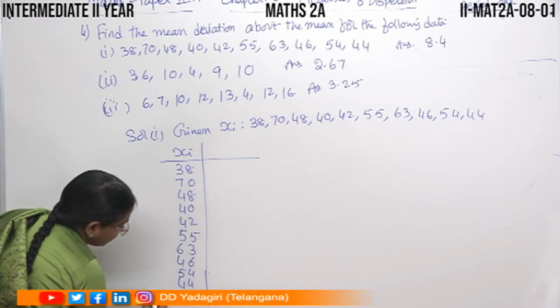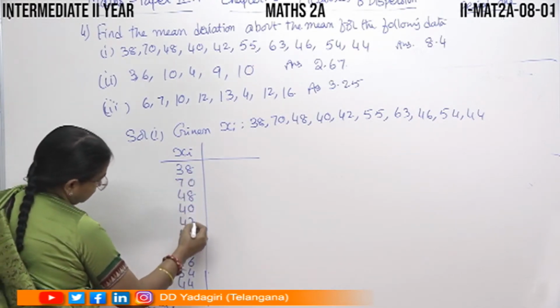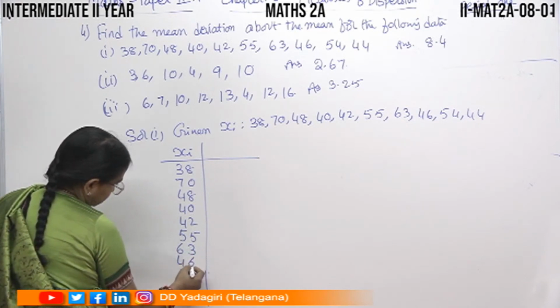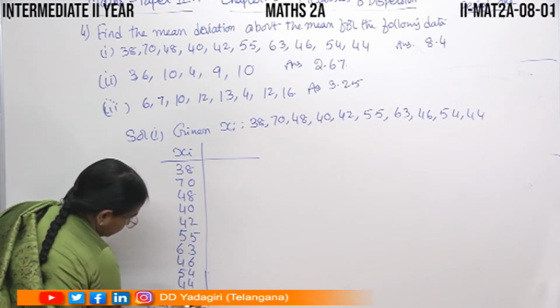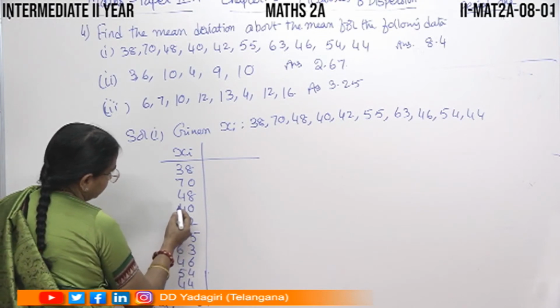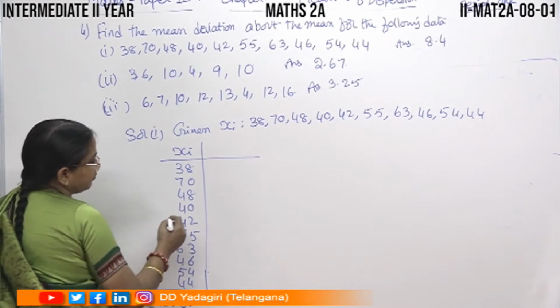Now add them. You will get sigma xi, which is 500.